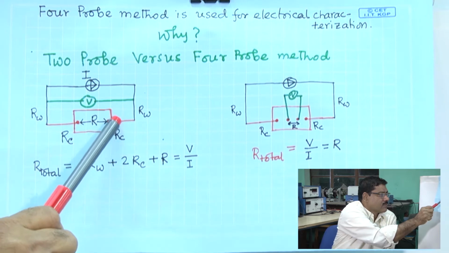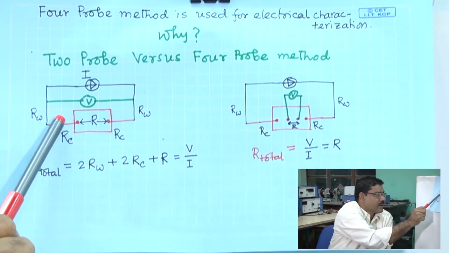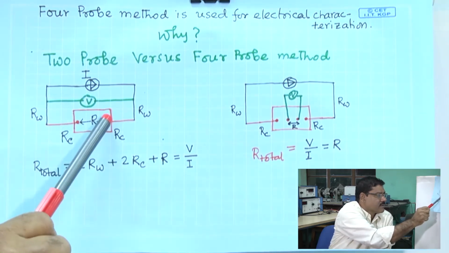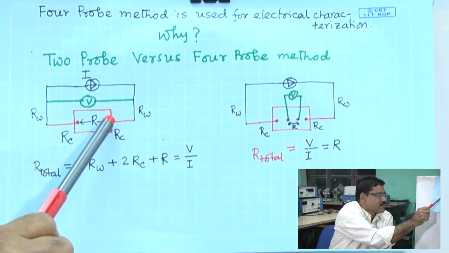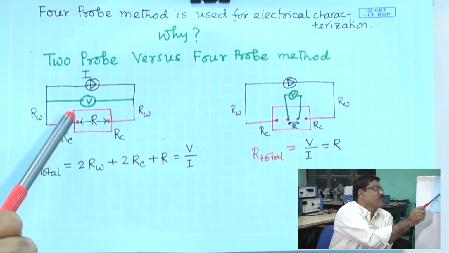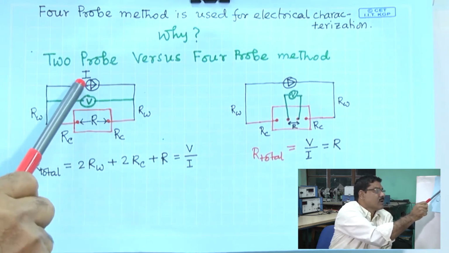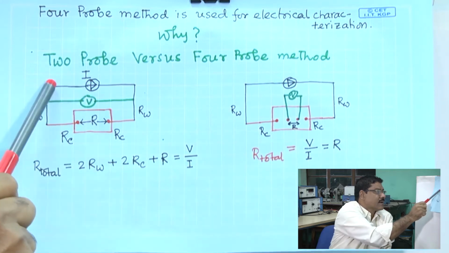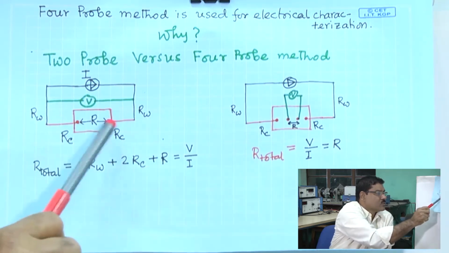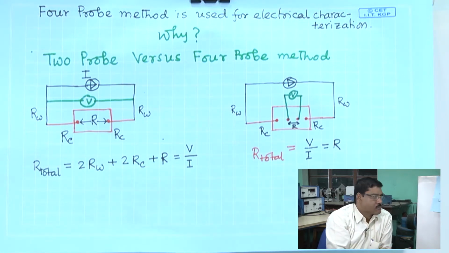So, these 2 wires we are taking out, and we have a connection with the sample at these 2 points. Now, this is the constant current source, and it is connected with these 2 contacts.